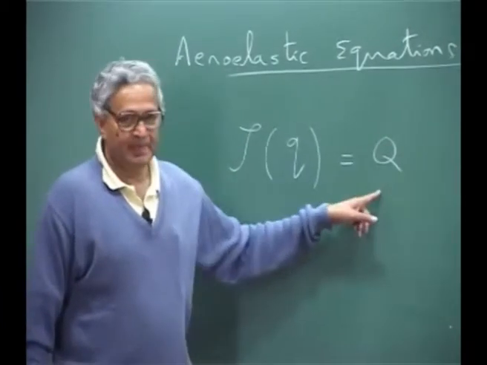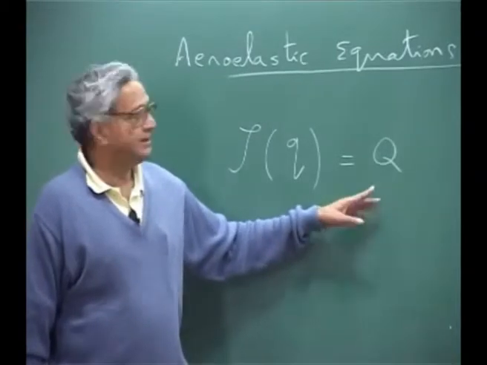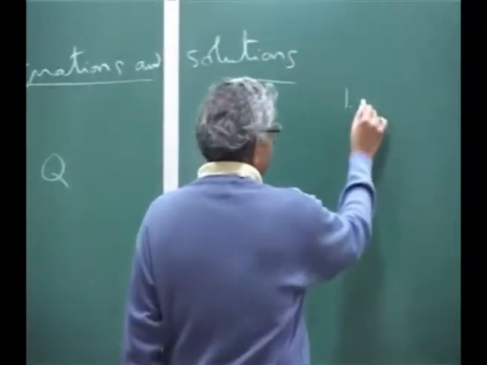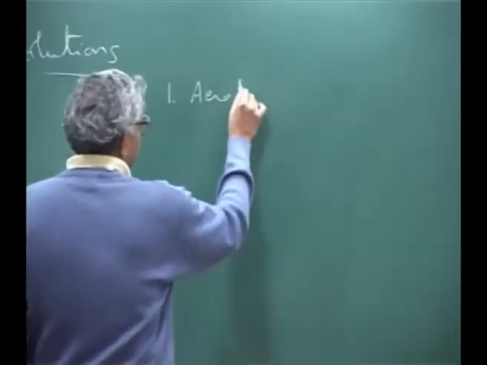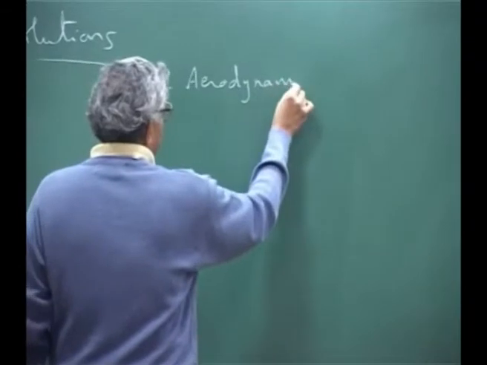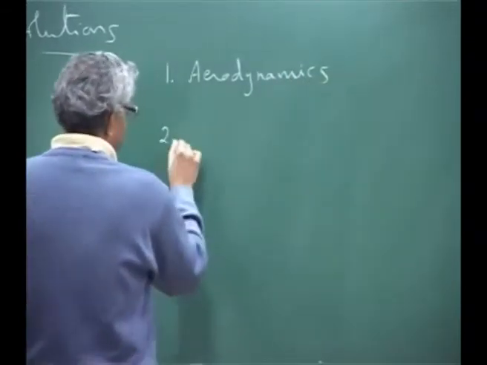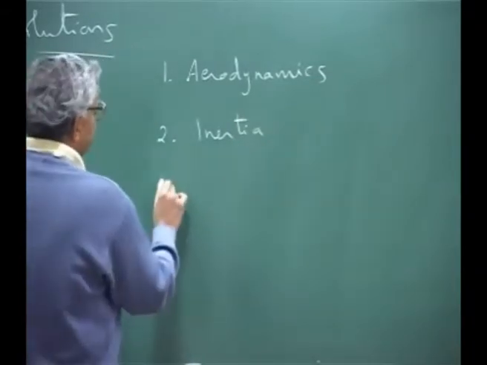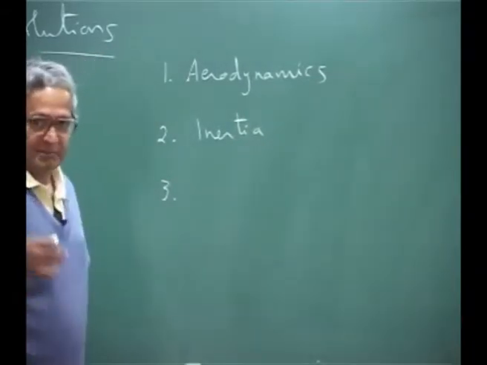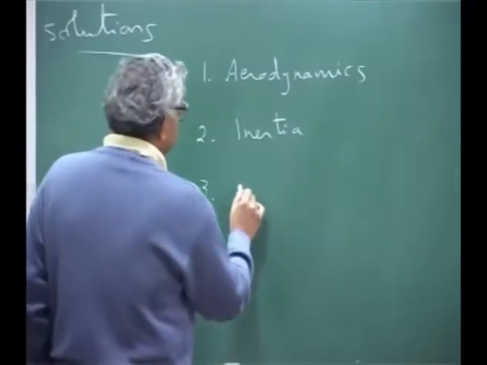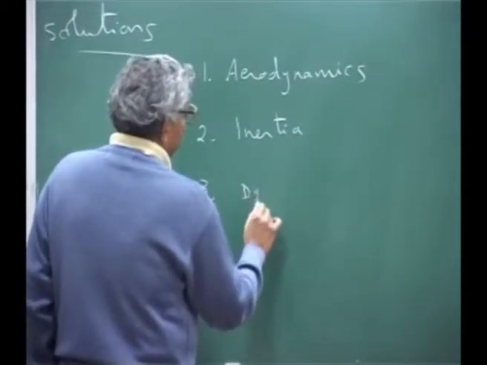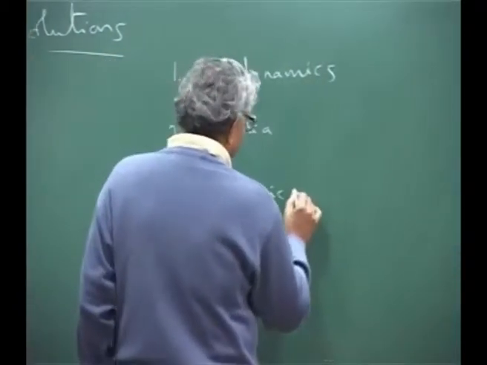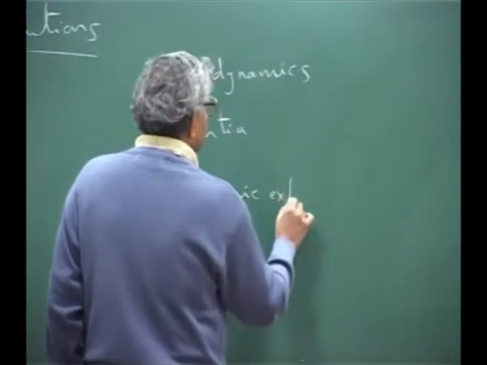But now, what are the various types of loading which we will have in the aeroelastic equations? If you look at it, we will have loading, one from aerodynamics and another from inertia, and the third some other external, which can be some dynamic or external loads, you can call it.